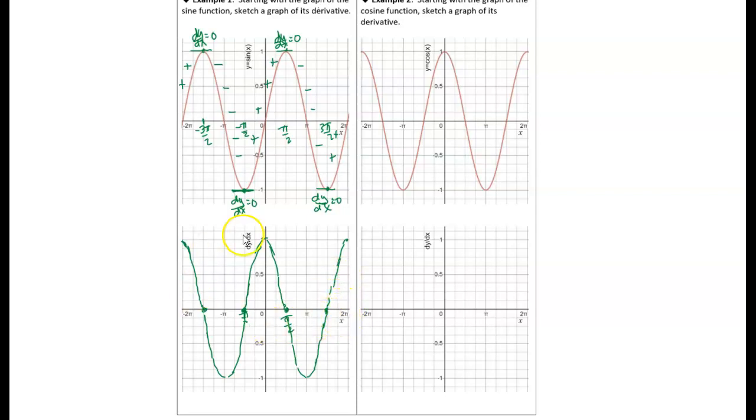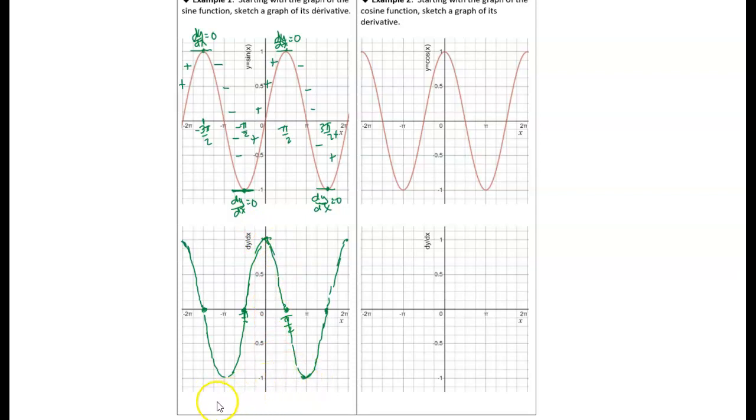All right. So there's a rough sketch of the derivative of sine of x, and it may look familiar to you. This looks very much like the cosine function. I've intentionally made it look even more like the cosine function by making it come all the way up to a maximum of 1 and down to a minimum of negative 1.